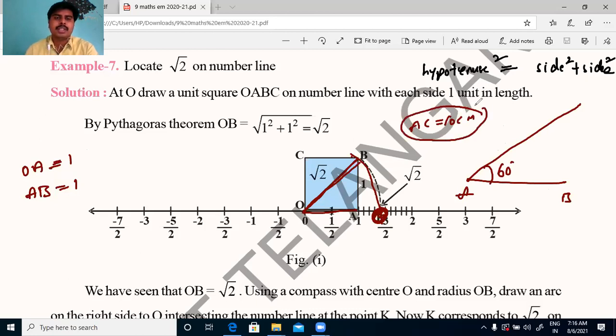Then how do we represent 10 centimeter on this line AX? Just by using 10 centimeter length, we draw an arc on this AX, right? Now this becomes 10 centimeter length of side. We join these two. Now here, triangle ABC is formed, right?